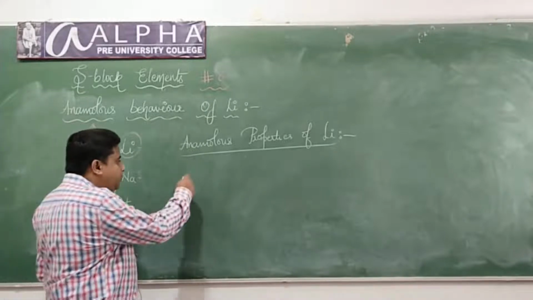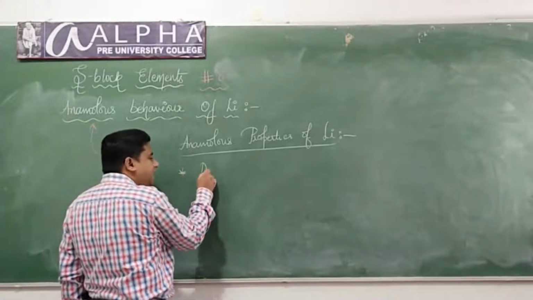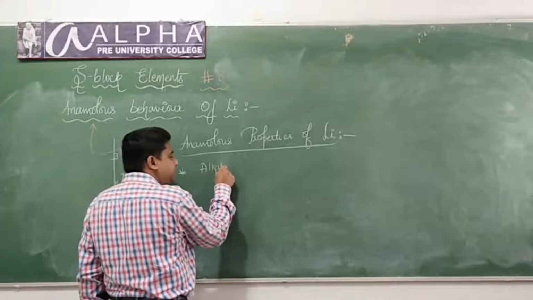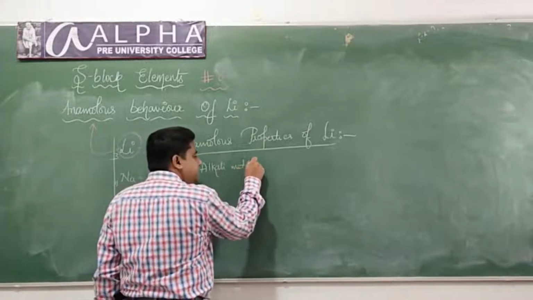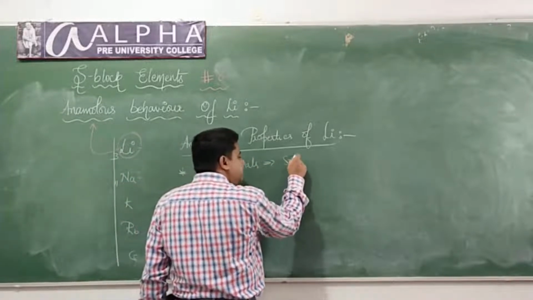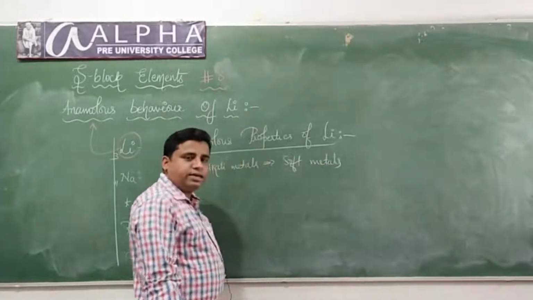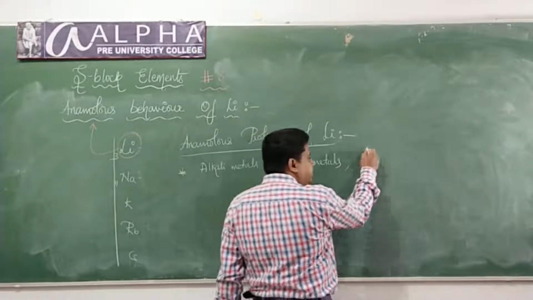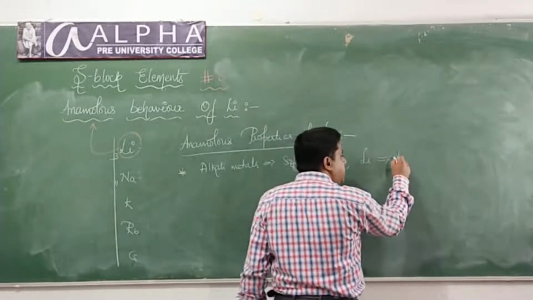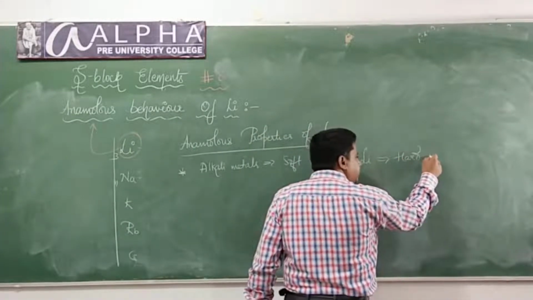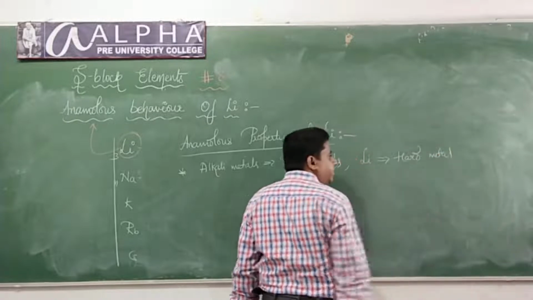We know alkali metals are soft metals, isn't it? Alkali metals are soft metals, correct? Whereas lithium is a hard metal. Are you getting my point?